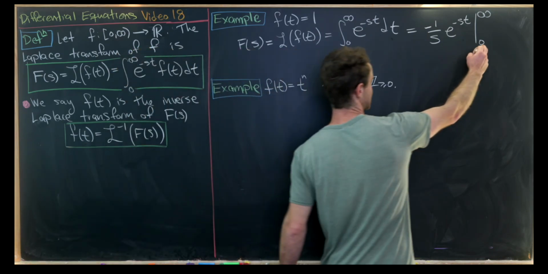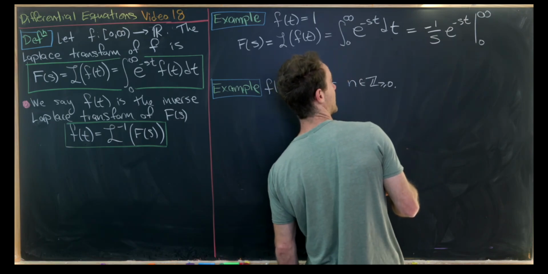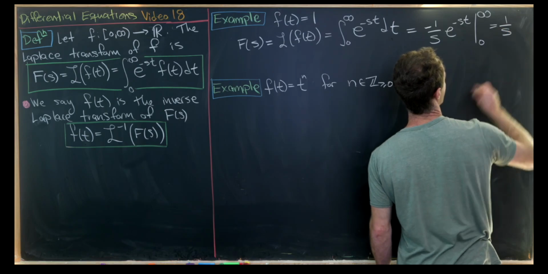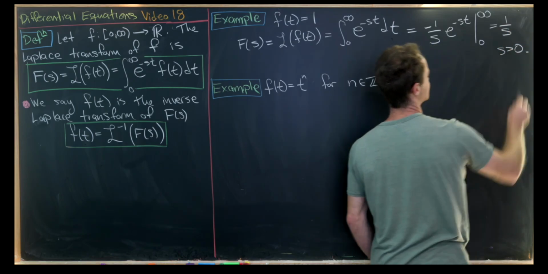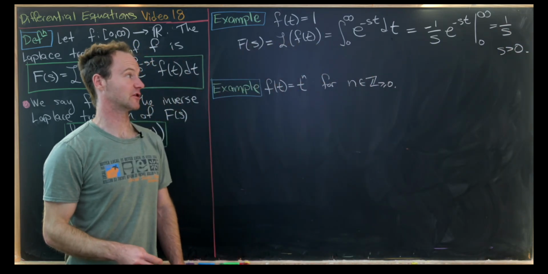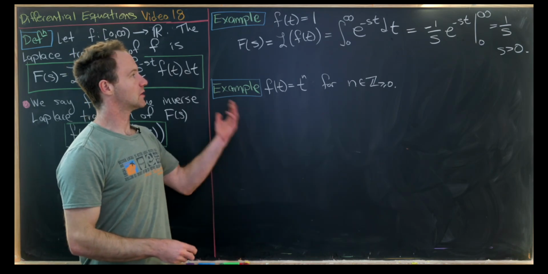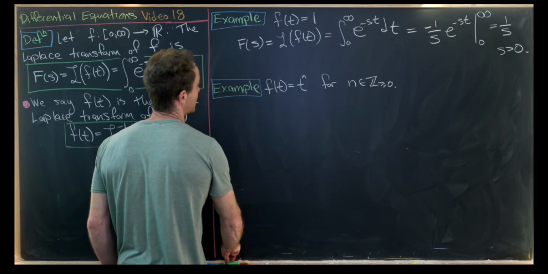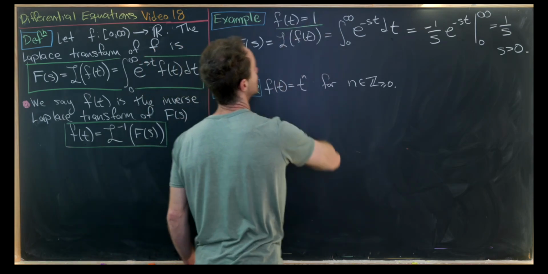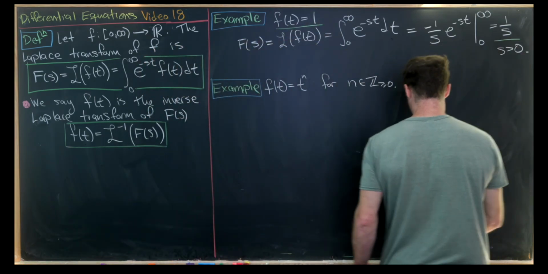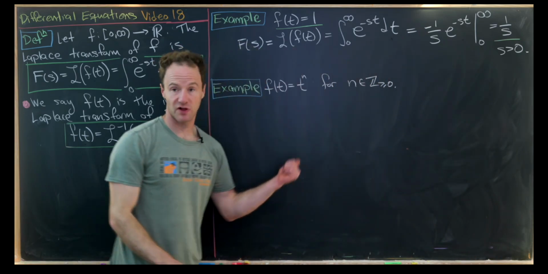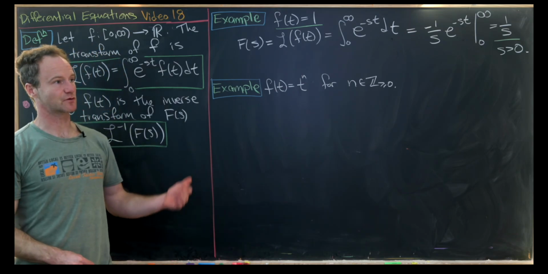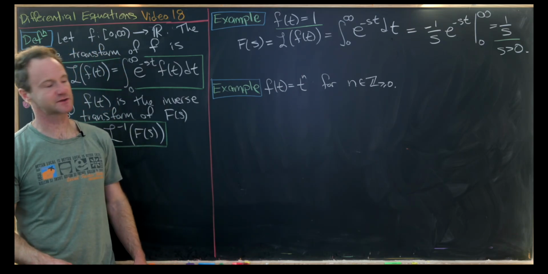Then if we plug in 0, we'll just get the number 1, but that's the lower bound, so in the end, that'll give us 1 over s. And this is when s is bigger than 0. So this is interesting already. The Laplace transform of our constant function was a non-constant function. The Laplace transform of the constant function 1 turned out to be the reciprocal function 1 over s.